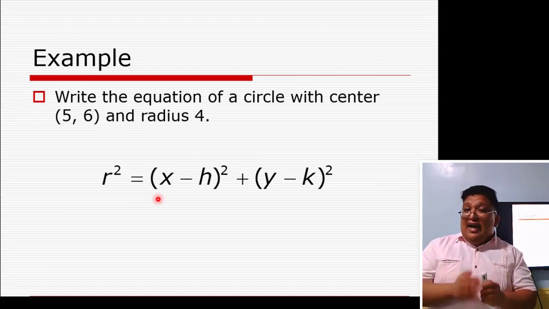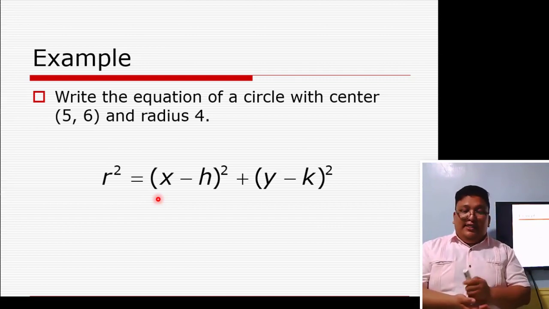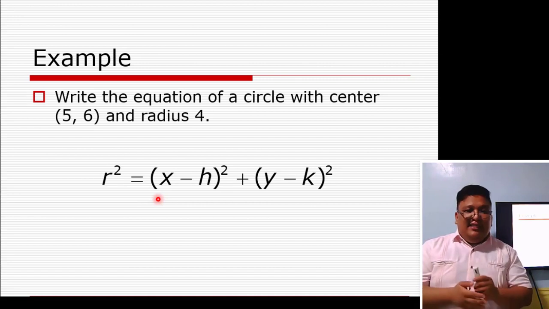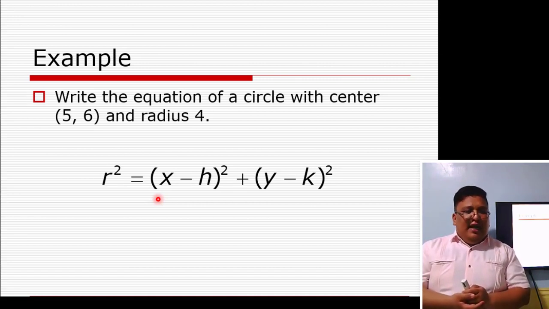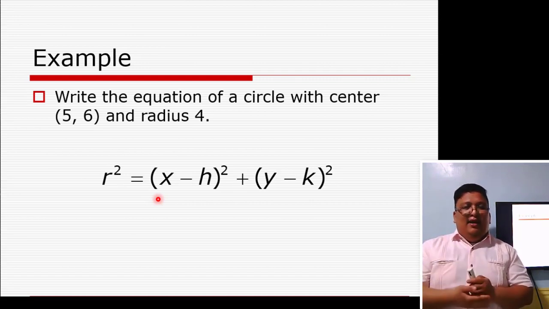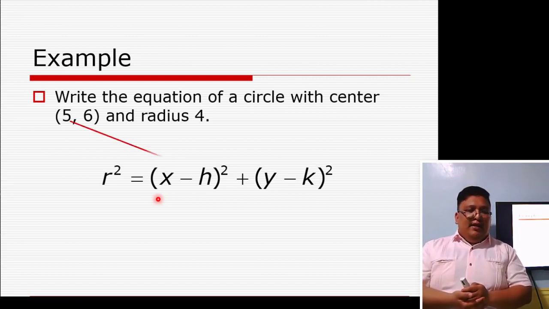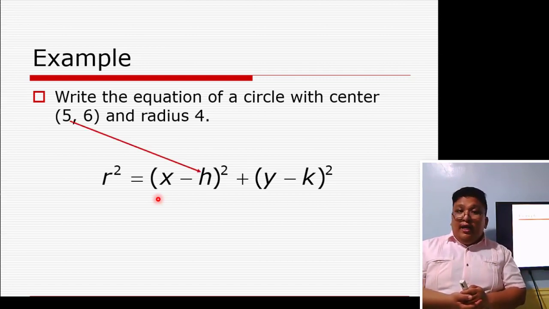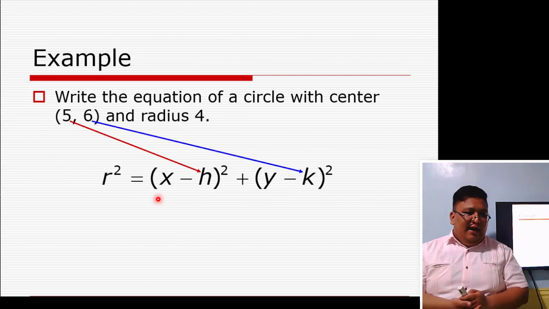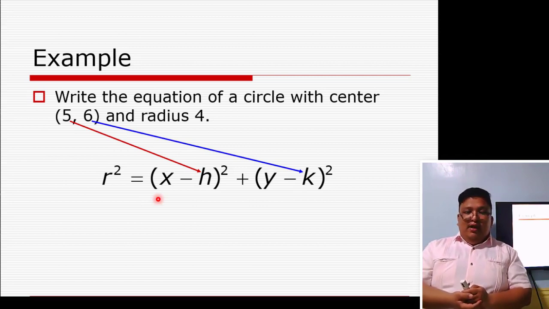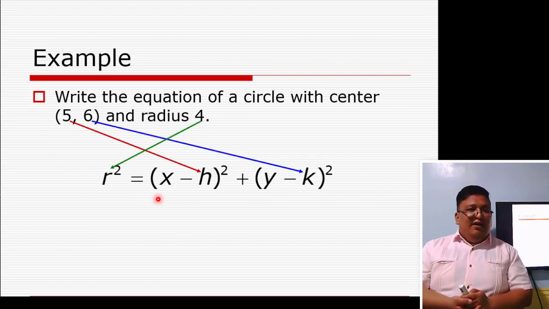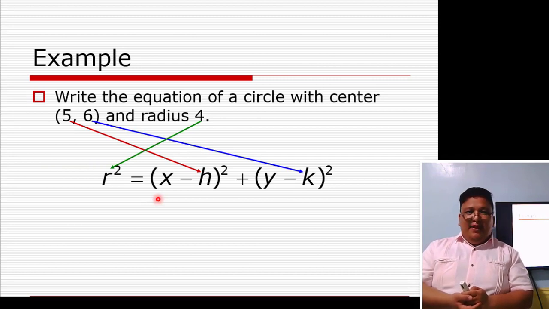This will serve as our guide in the whole process. Okay, (5, 6) is the center. Therefore, that is our h and k. We're just going to plug it in. Plug 5 for h and plug 6 for k. Okay, and our radius, again, we're just going to plug it in.